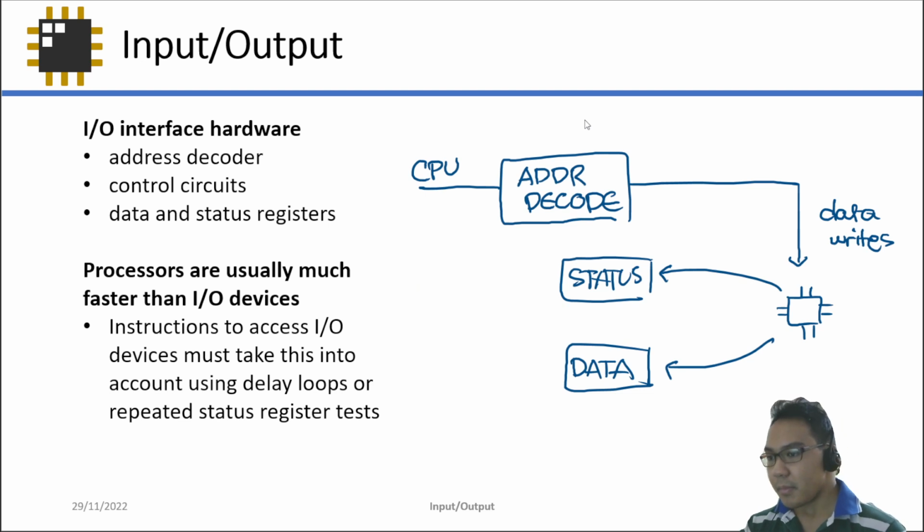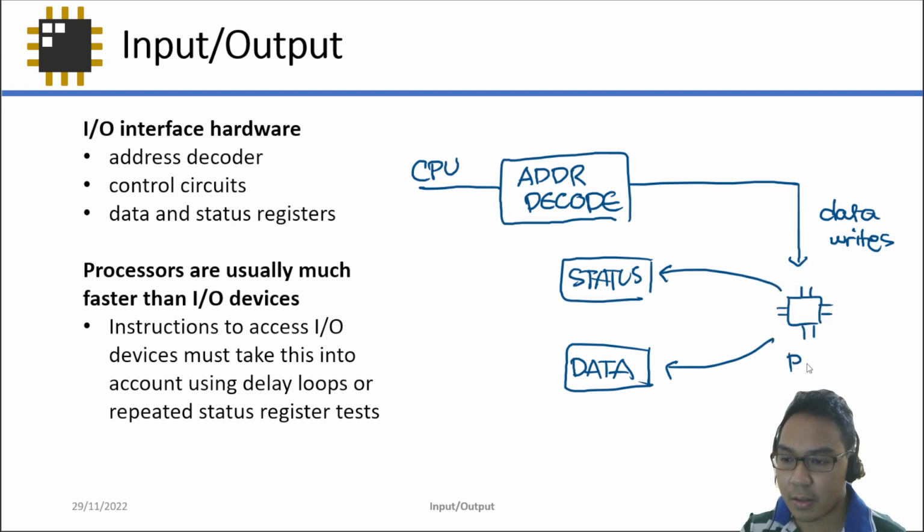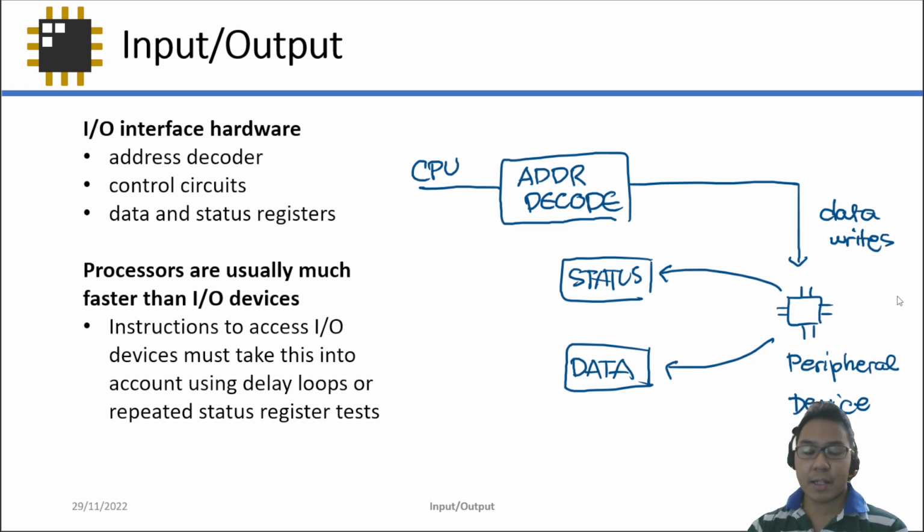Now, for I/O, we have some interface hardware for, say, a peripheral device. Let's say this is a peripheral, maybe your keyboard, maybe your monitor, and it has associated data and status registers.